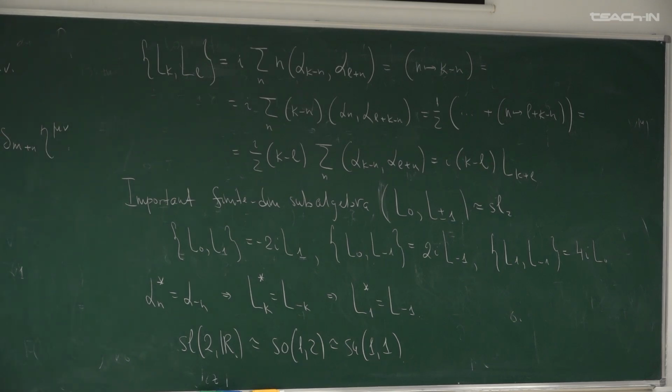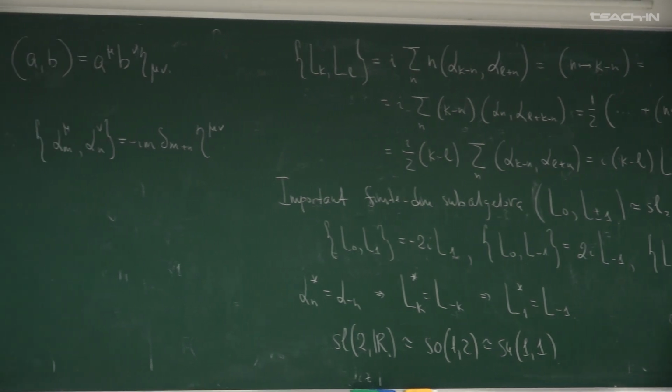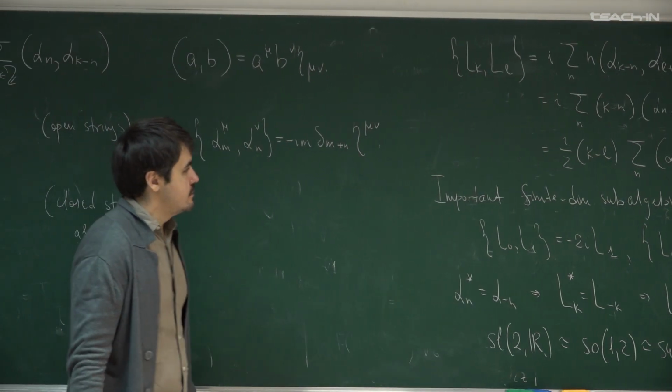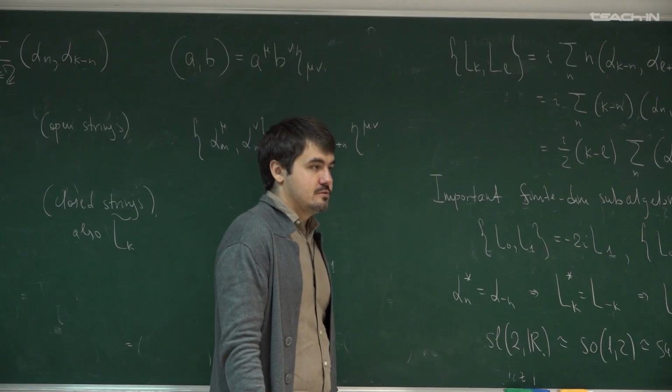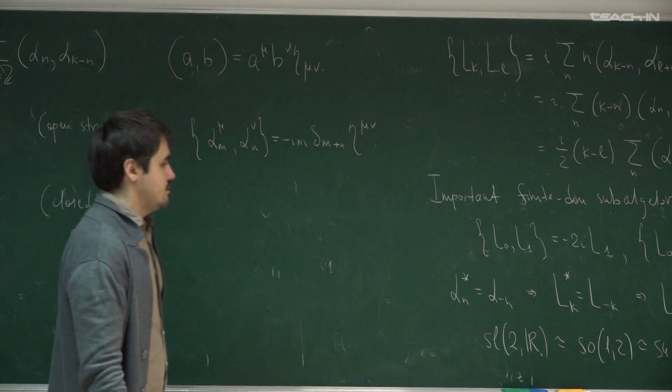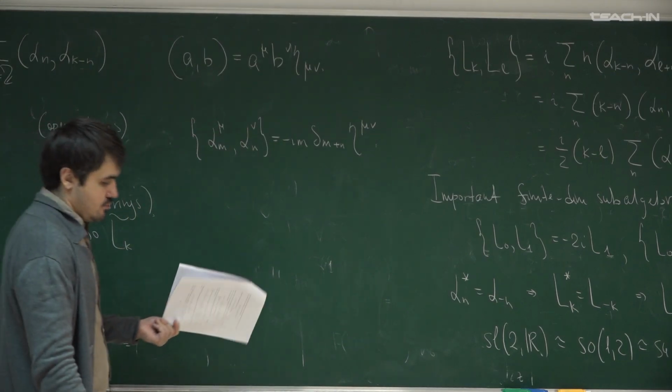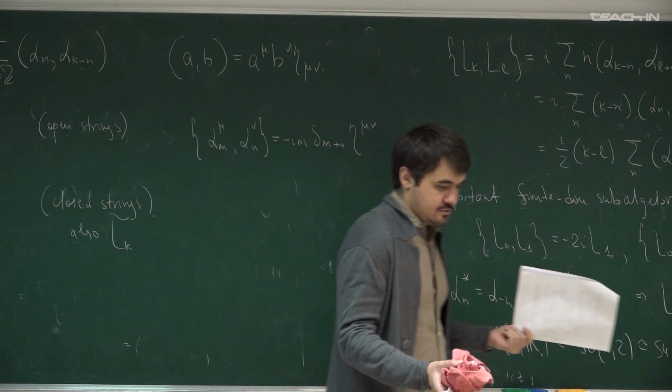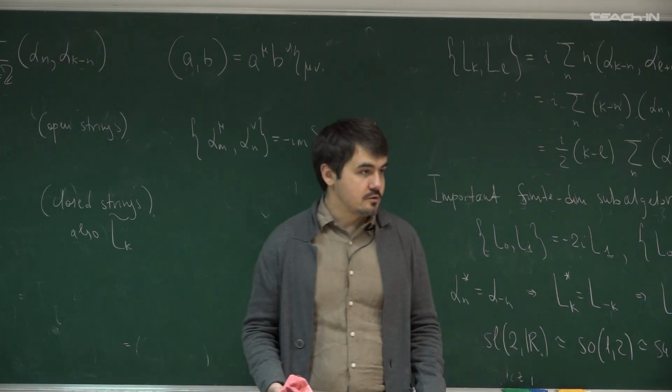So why is it an important subalgebra? Or I mean, what does it correspond to? No, it's not SU2, it's SL2R. But from the point of view of the geometry, conformal geometry, just fractional linear transformations. Yeah, that's right. So these are just the usual dilatations, translations, and special conformal transformations.